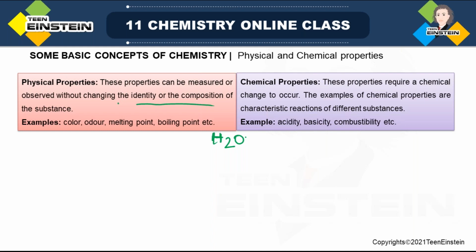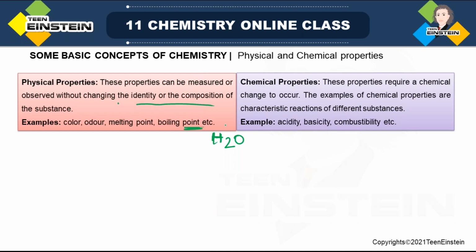So chemical composition is not changed. Similarly, when it reaches 100 degrees centigrade or more, it will be converted to vapor. So melting point and boiling point are basically physical properties. Then color, odor, has nothing to do with the chemical composition. It is completely independent of that.